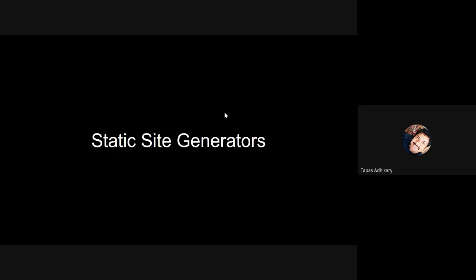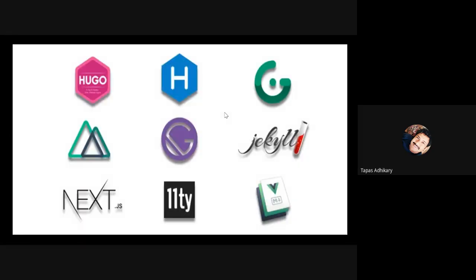So there are various static site generators. There is a website called staticsitegenerators.com. I have given that link in my resources. These are a few to name. There's Hugo. There is something called Gatsby, which is React.js based. I like this; I've been using it a lot. There's Next.js, there's Jekyll. So a bunch of things are already there. This is only a few.